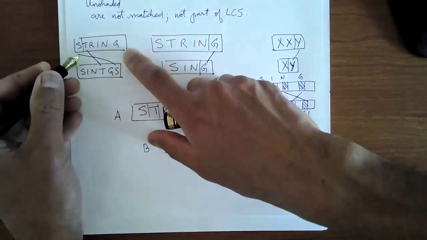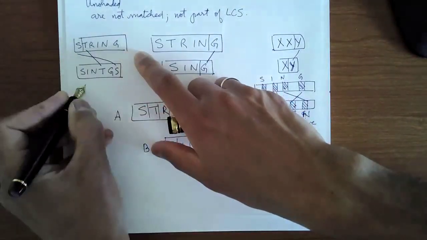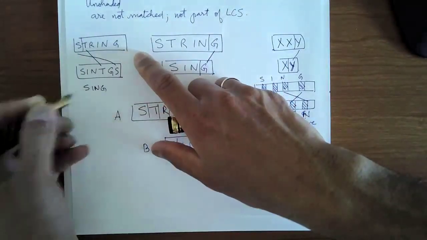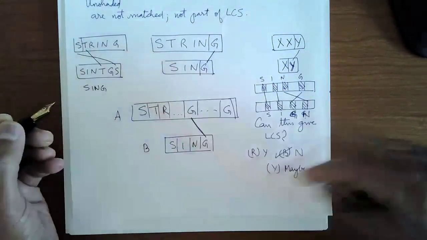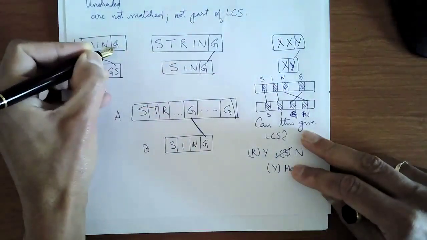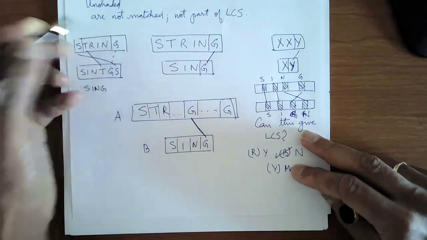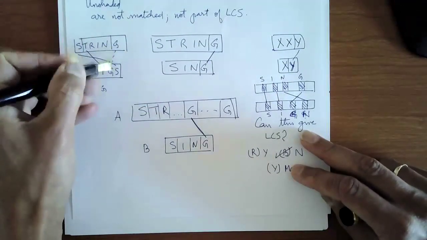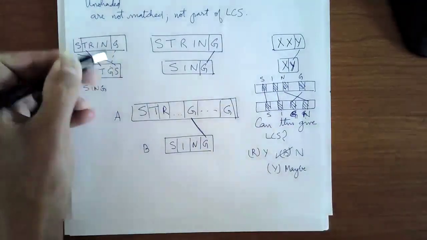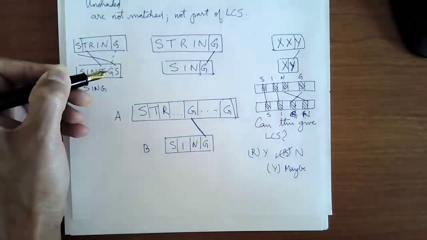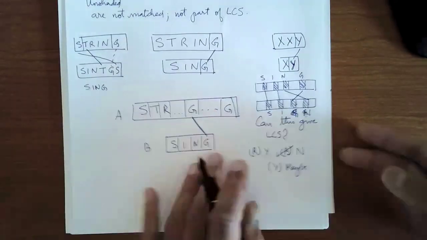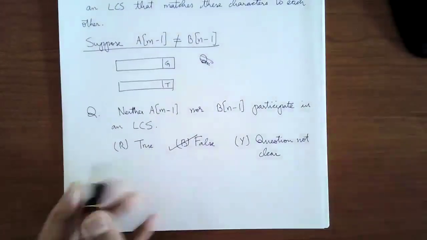So again, we know that sing is the longest common subsequence. And so this last character is participating, but it's actually matching with this one over here. So if the last two characters are not the same, it is not guaranteed that you can just remove those last characters.